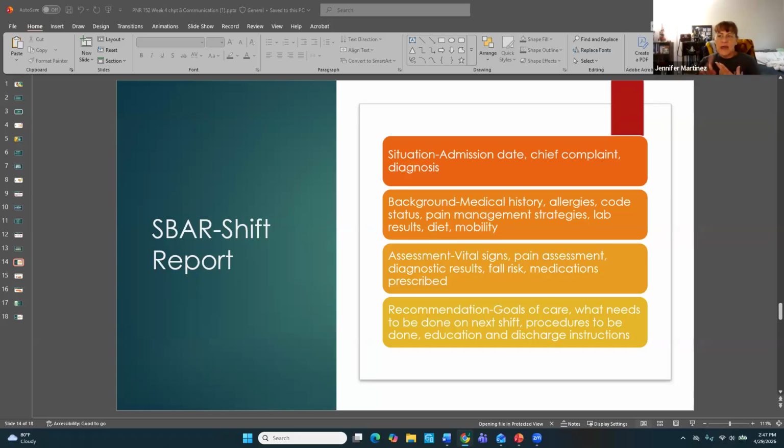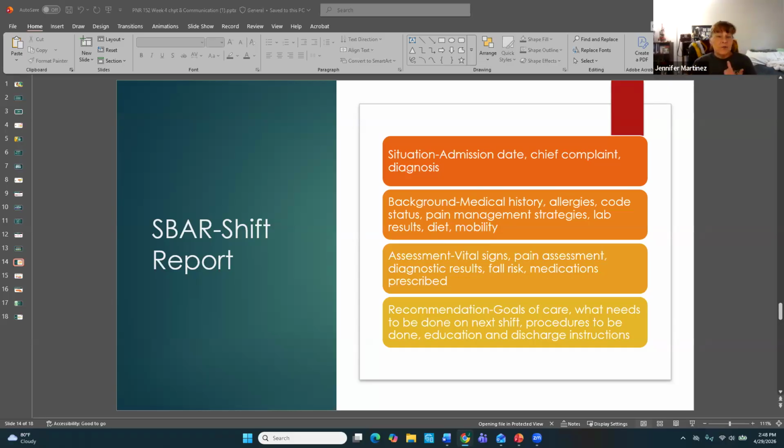What else? Any pain management, any lab results, what's their diet? Diet's important, especially with the background that I have, and we need to know if they're dysphagic. Are they full diet? Are they mechanical soft, puree? Are they NPO?